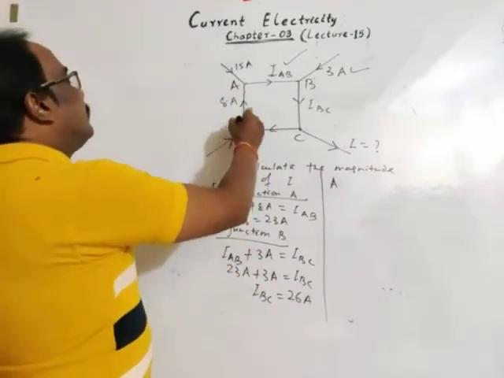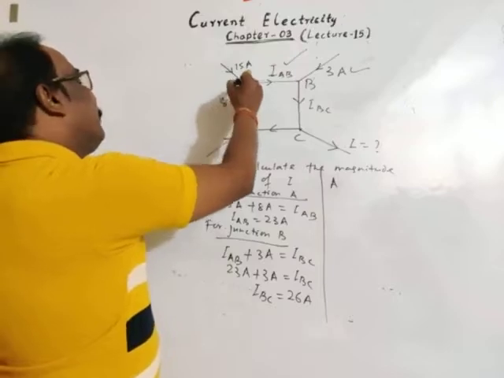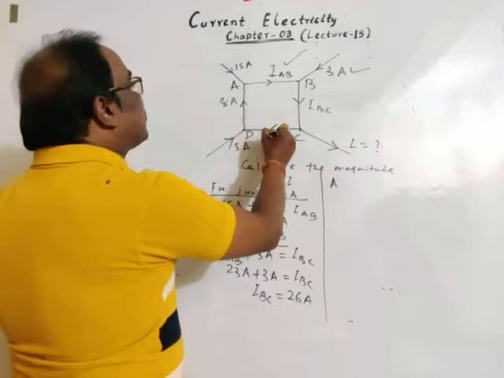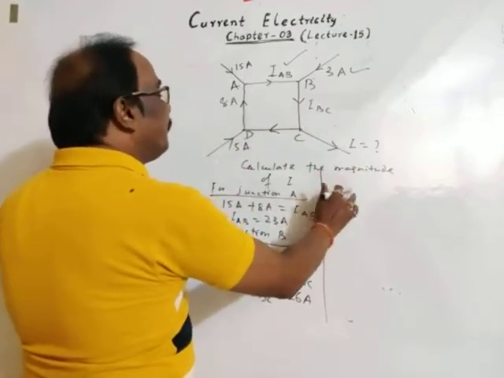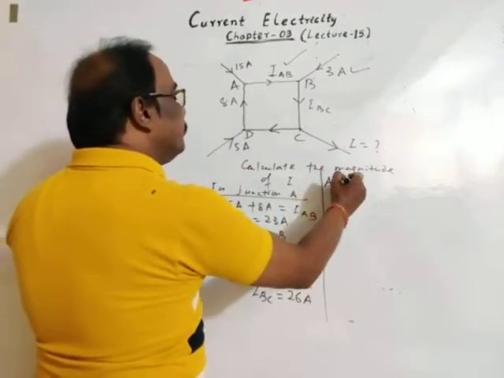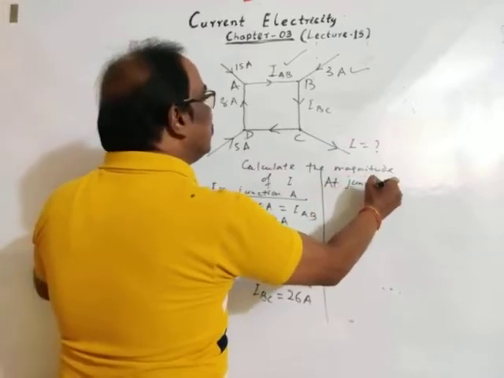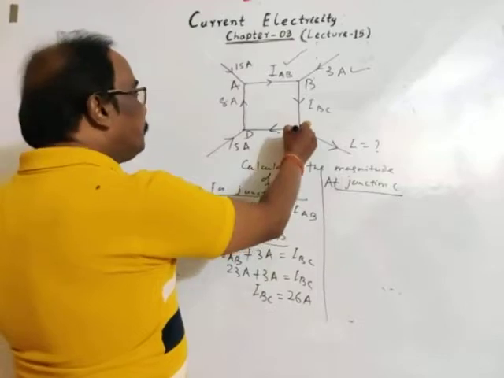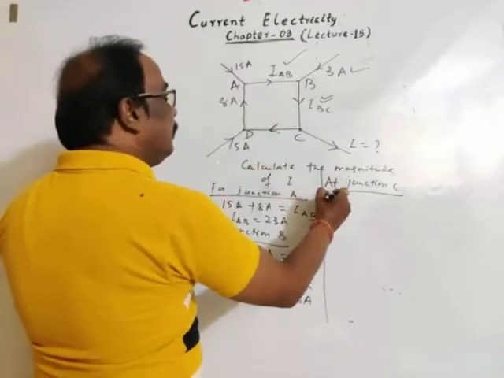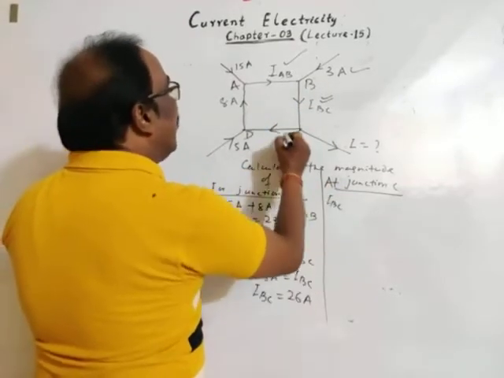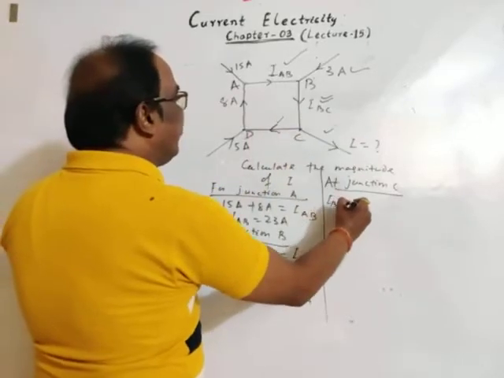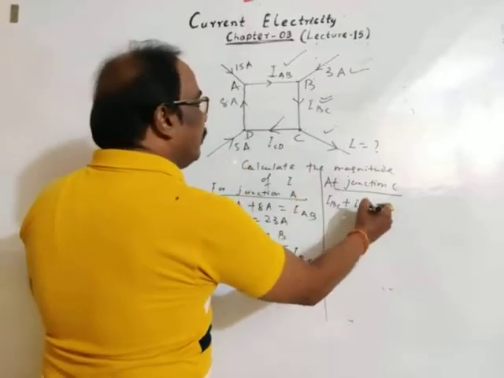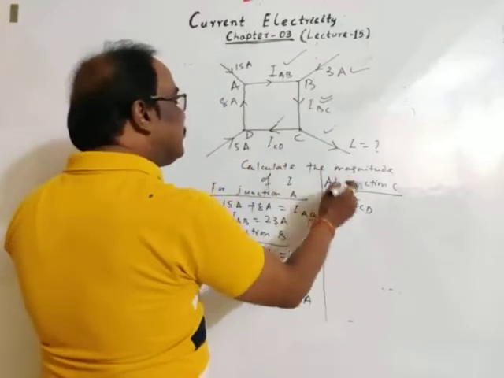See, this branch shows 8 ampere. This is right. Then what is this current? Let's find first. At junction C, this current IBC is incoming, and these 2 currents are outgoing: ICD and I, which is asked.